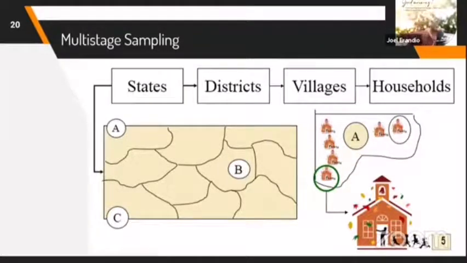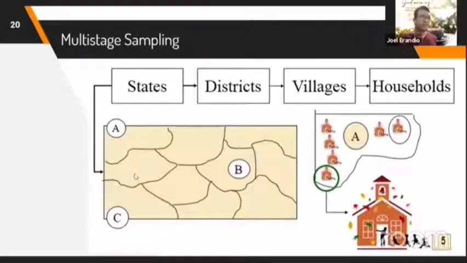Sabi nila, anong ginamit mong sampling? How do you select your sample size? From the population, sabi niya, dinivide niya into subgroups, and then from the groups, another form of sampling. So a combination of different samplings. The usual example of this is a cluster and a combination of stratified.